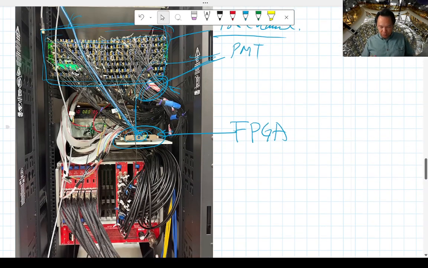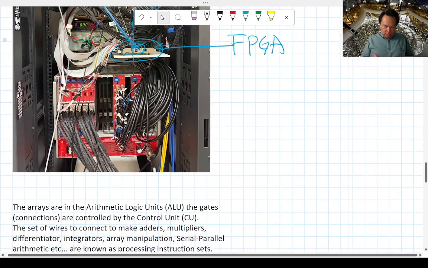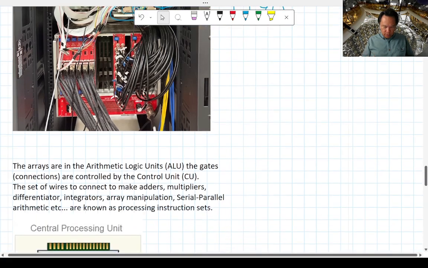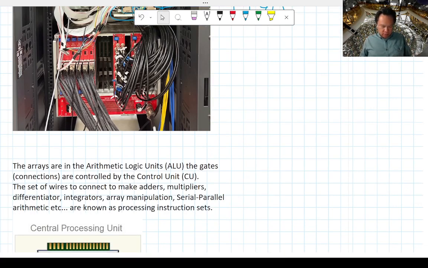Okay, so that's what a lot of this is. That's why I work on this and also teach this type of class, because it's very useful if you're going into experimental physics, or you're going into industry where they use this to program your thermostat, right?